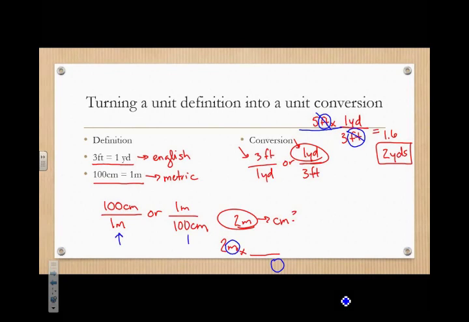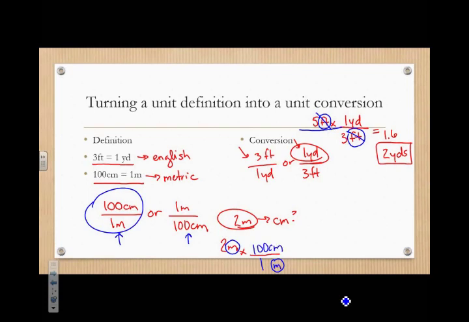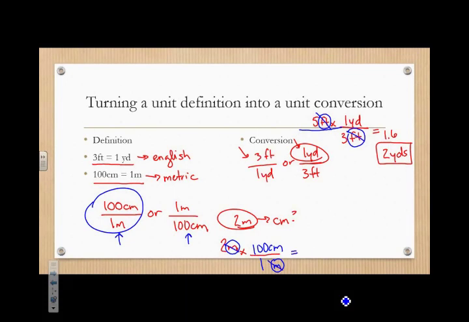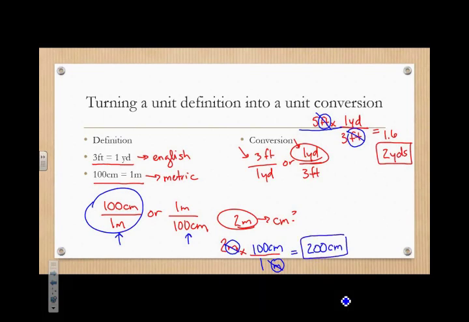And I look here for which conversion has meters in the bottom of the fraction, and it's this one. So 1 meter goes in the bottom of the fraction, and 100 centimeters goes in the top. And when I do that, my meters cancel out, and I end up with 200 centimeters as my answer.